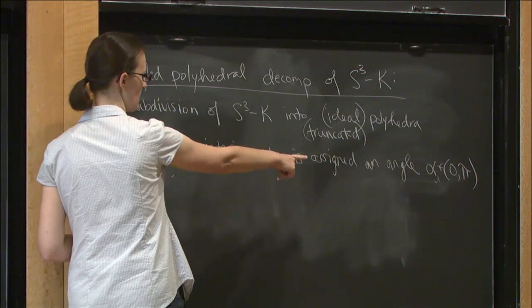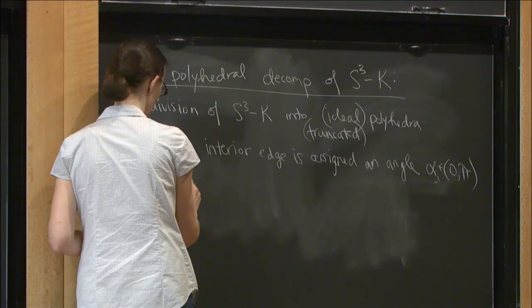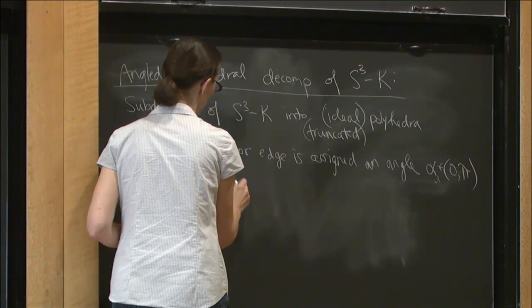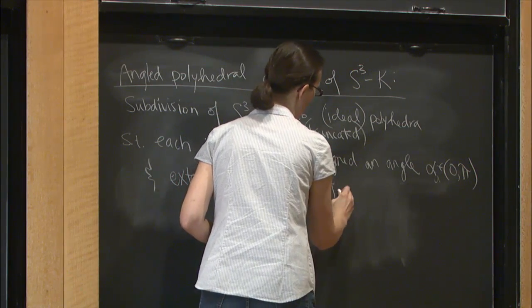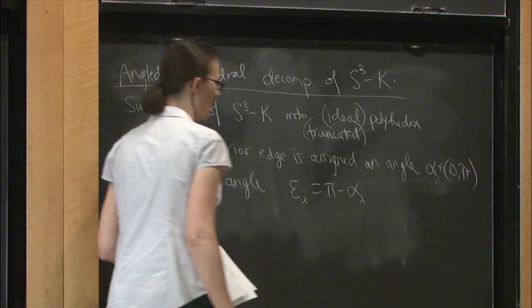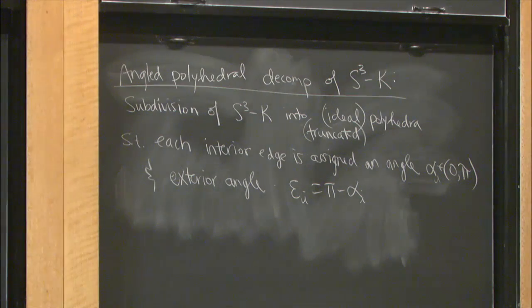It's assigned an angle and an exterior angle. This is really just for notational purposes. You take pi minus alpha i to be the exterior angle.